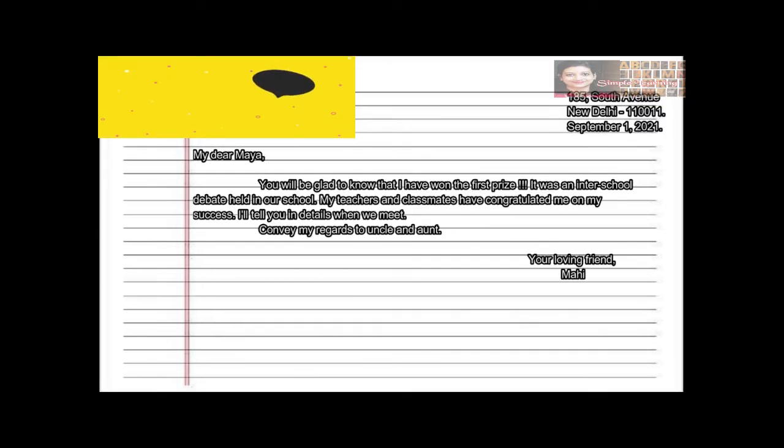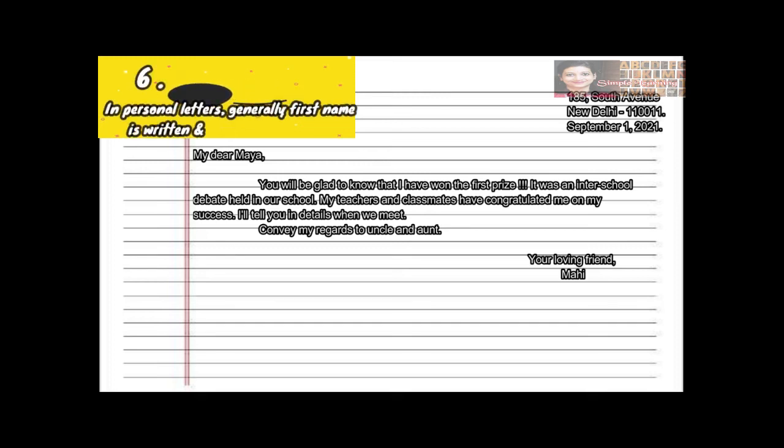And for very close friends, we write yours ever. Okay. So the next point is signature. This is our 6th point. In personal or informal letters, generally first name is written and surname is dropped.